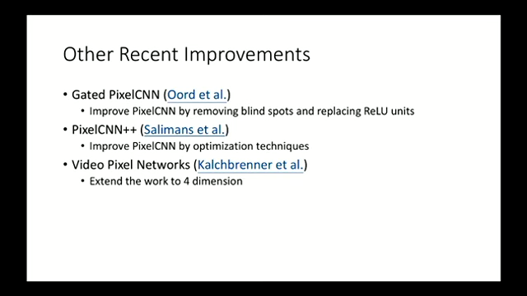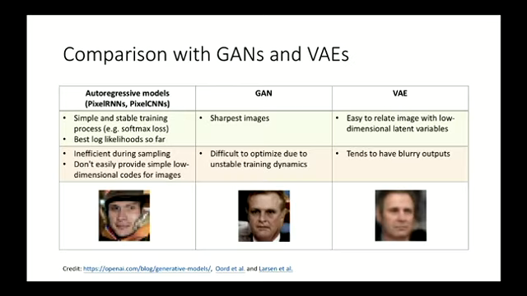Okay, this is a brief comparison between GANs and VAEs. These three are all image generation models. We call our models autoregressive models because they take inputs from themselves. In terms of training, they have the simplest training compared to GANs, but they are very inefficient during sampling because we have to generate the images pixel by pixel, while the other two approaches can generate the whole image at once.